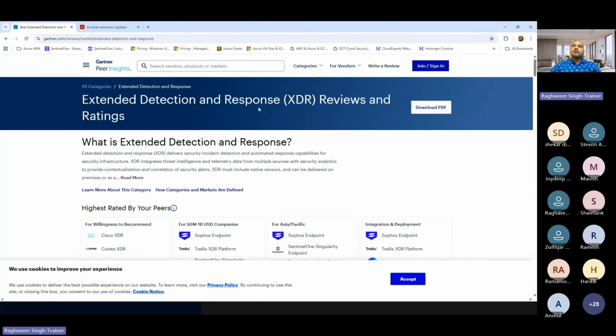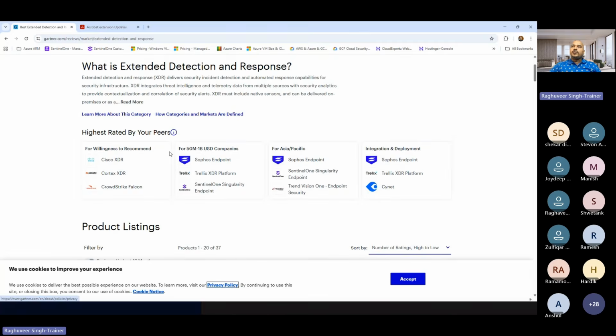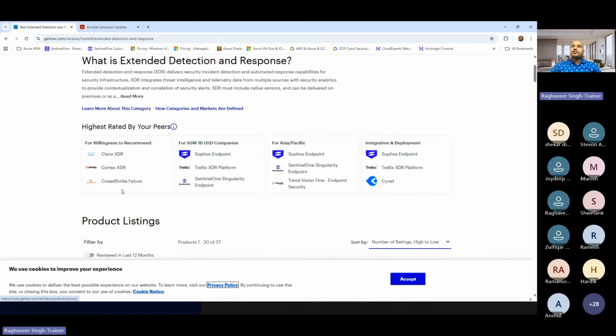Okay, so extended detection and response, XDR solutions. It says we are looking for EDR, but these are XDR solutions. You can see CrowdStrike is also here. Why? Because CrowdStrike now has this capability. Cortex has this capability, which was acquired by Palo Alto. Then you have other solutions also.